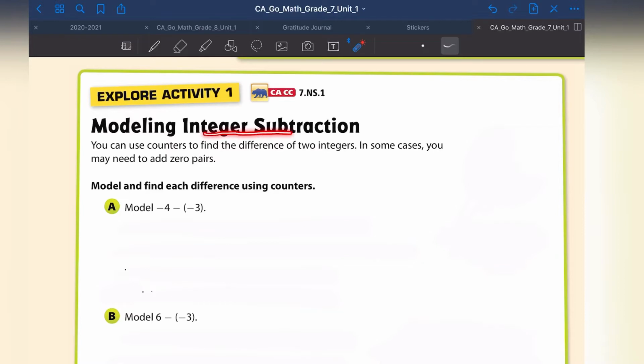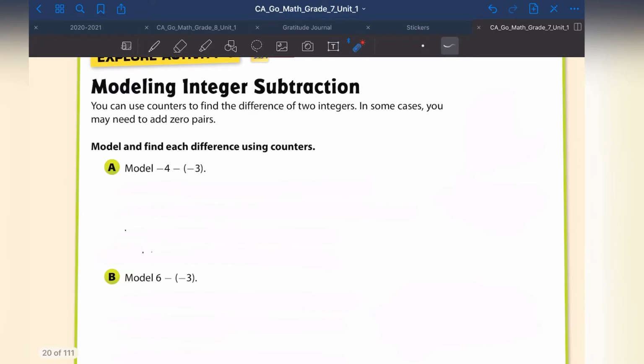Modeling integer subtraction. You can use counters to find the difference of two integers. In some cases, you may need to add 0 pairs. Okay, the first one is pretty simple. Start with 4 negative counters. 1, 2, 3, 4.